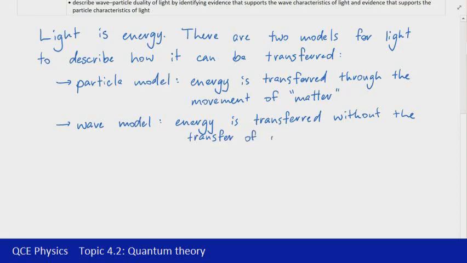Now, the word model is an important one to focus on here as well. If you think about some models that you might have seen before, say model cars, model trains, they're a good analogy or a mental picture of something that can be used to explain something else, or a different scenario or a different object. In the models that we're talking about here, we're looking at how particles and waves can be used to explain phenomena that we can observe with light.